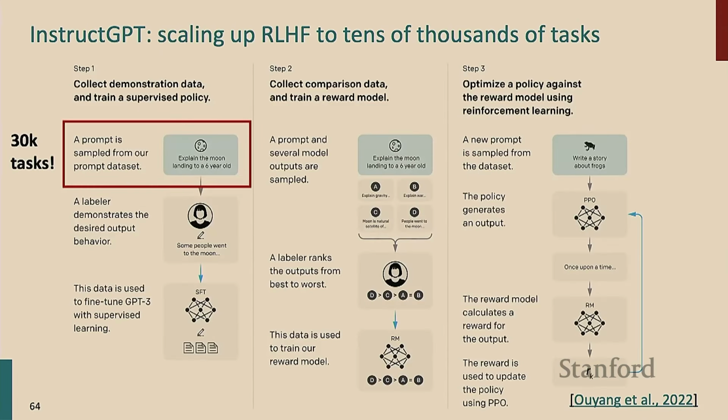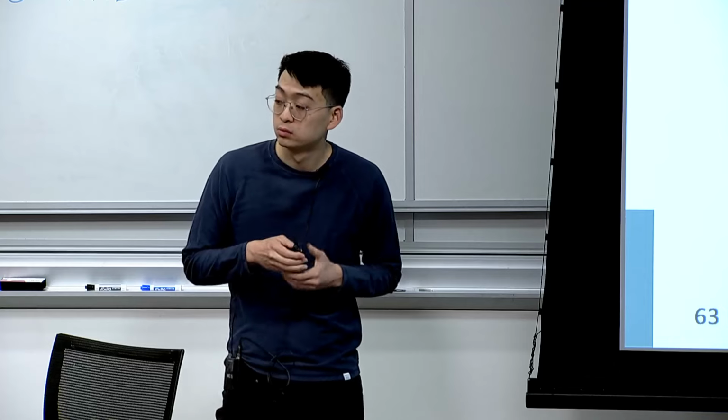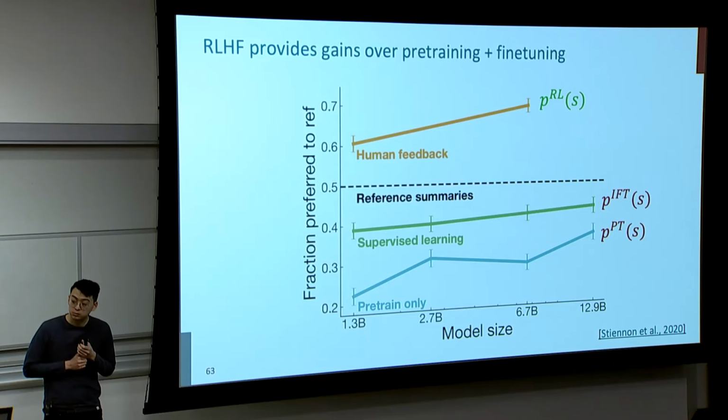Yeah, in the preceding results, you suggested that it didn't work so well to do supervised learning on the data. But they do supervised learning on the data in the fine-tuning in the first stage. Is that necessary, or would it go haywire if you just went straight to RLHF?